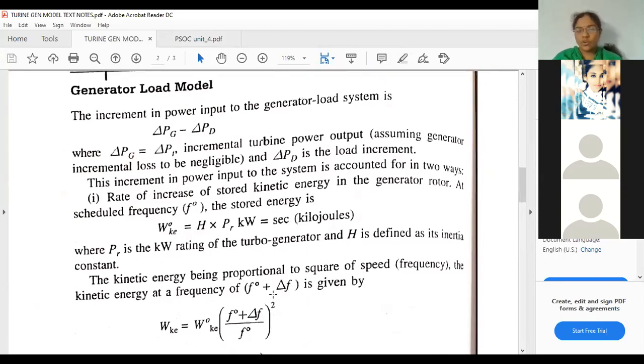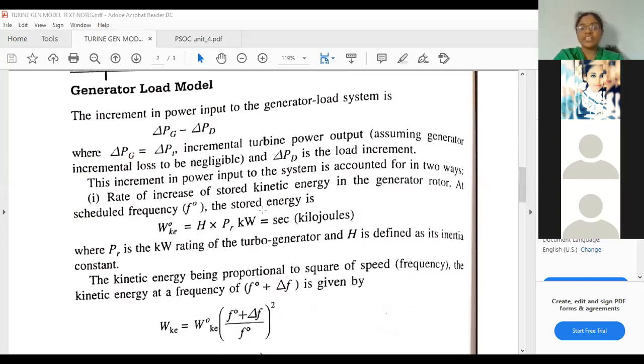Here for the generator, the load is connected, right? For the generator, the load is connected, and as the load changes, the generator input also has to change.